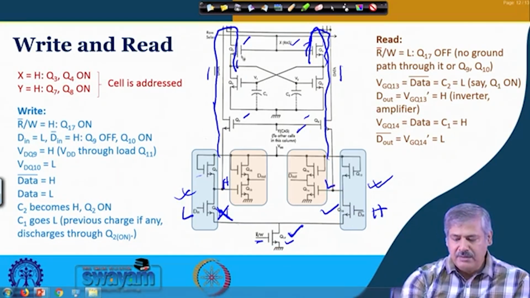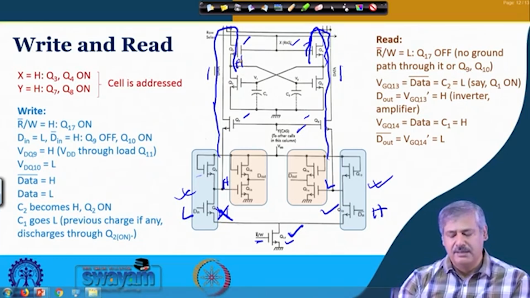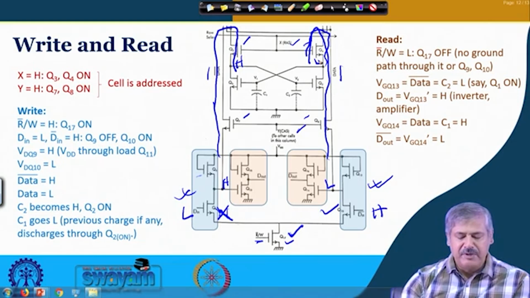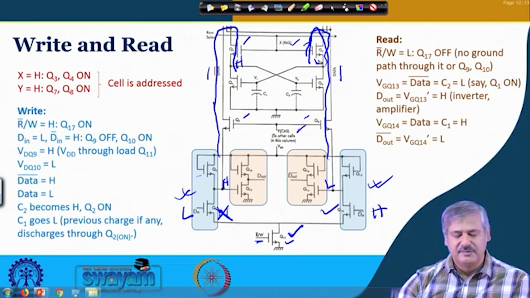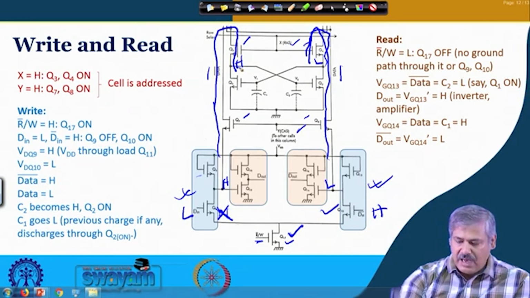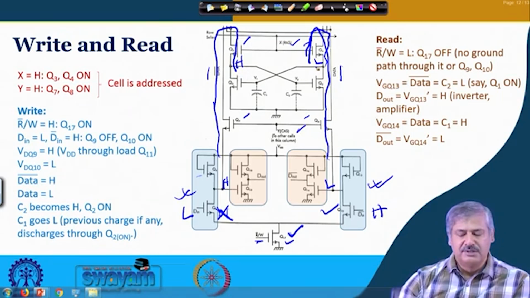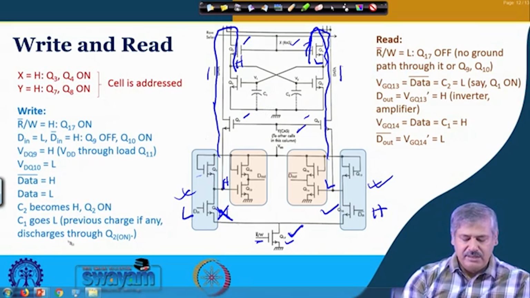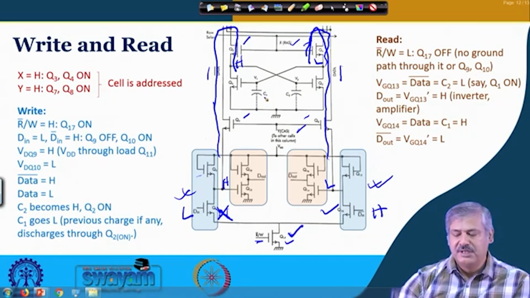At that time you are forcing from external, through this data line, a high over here and a low over there. So, what would happen because of this, right? This high and this is low. So, this C1 will become low because this is low and this is high.